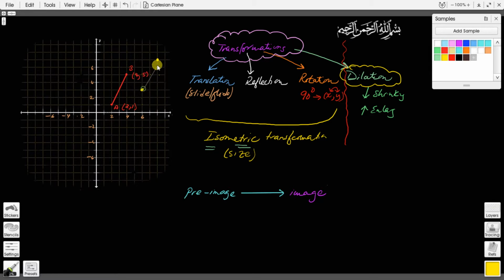So this is going to be A prime and B prime, right? I moved it 4 units this way, and then I moved 2 units up.